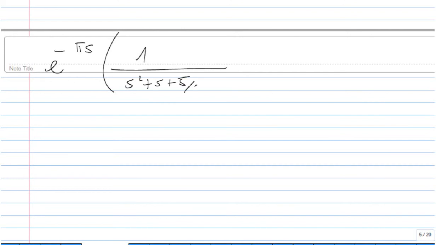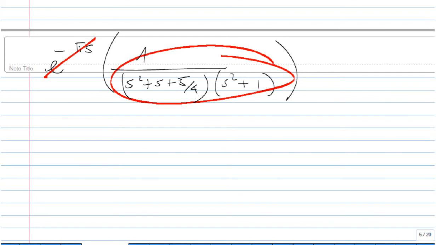For the blue one, we have e to the minus pi s times 1 over s squared plus s plus 5/4 times s squared plus 1. What we're going to do is ignore this exponential term for a second, find the inverse Laplace of this term, and then use the shift formula with the u_c's, okay?